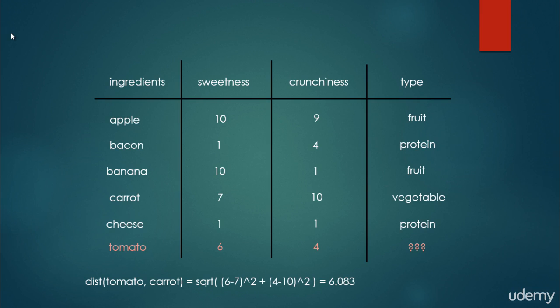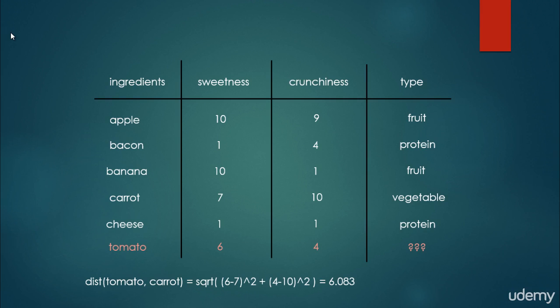So for example, we have the ingredients, the sweetness parameters and the crunchiness parameters, and we want to calculate the Euclidean distance between the tomato and the carrot. So we just have to use our equation. We have to calculate the square root of (6 minus 7) squared, because the sweetness of tomato is 6 and the sweetness of carrot is 7.